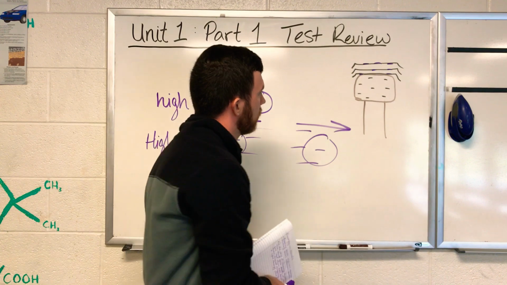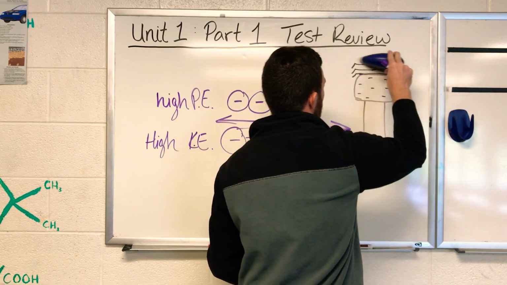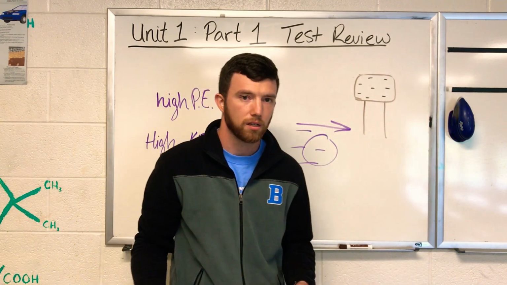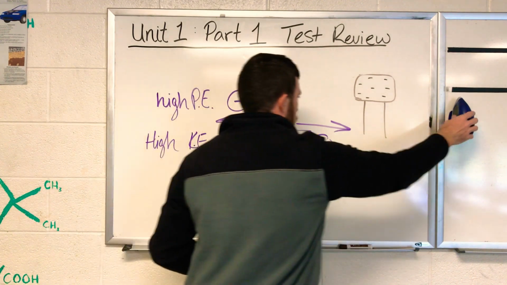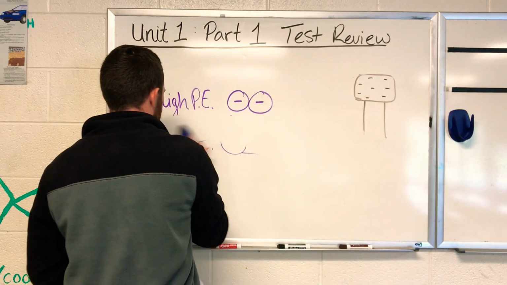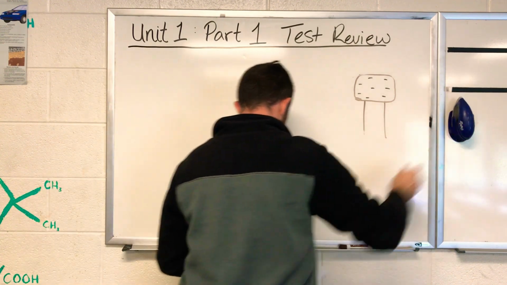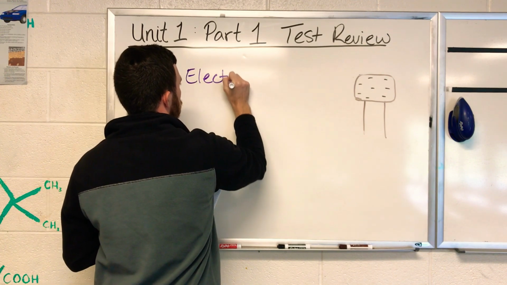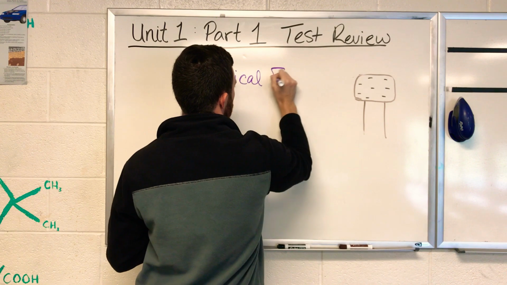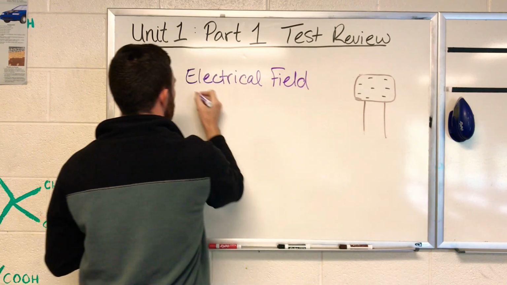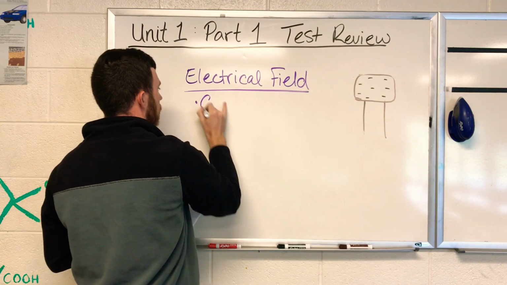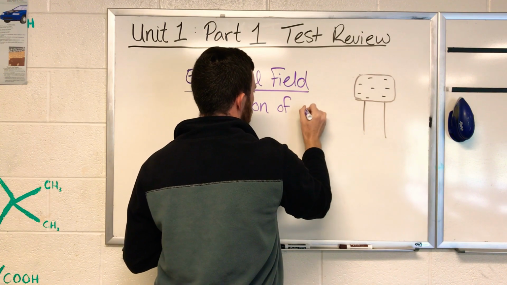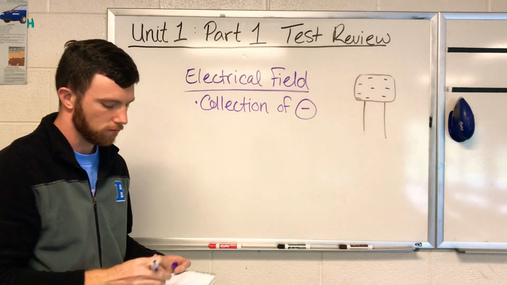When we have a bunch of charges in the same place, that's called an electrical field. Let's write that down. So an electrical field is just a collection of those electrons, of those negative charges.